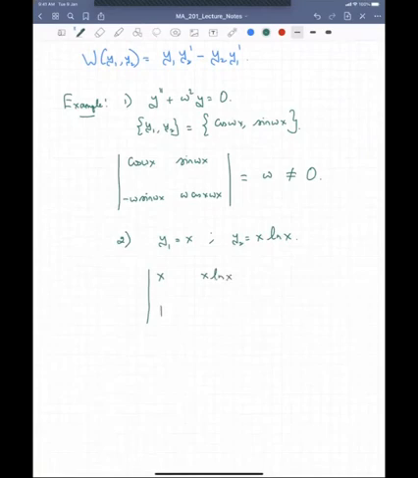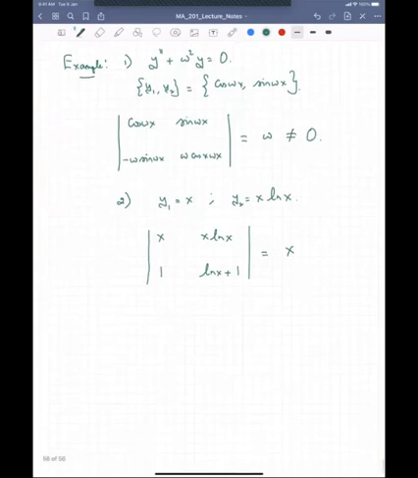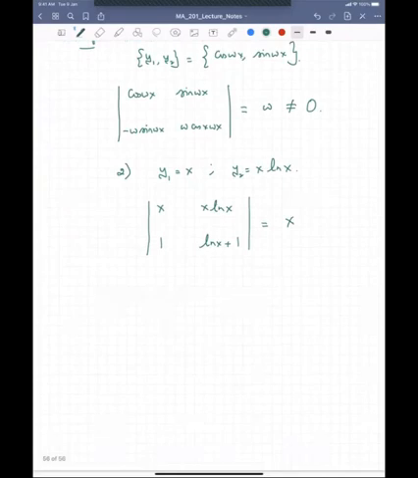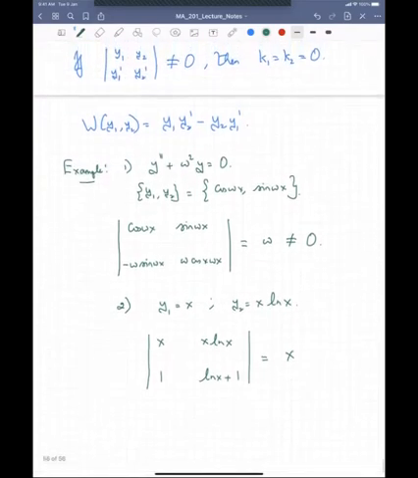The derivative of x is 1, and the derivative of x log x is log x plus 1. So this determinant is x log x plus x minus x log x, which is just x. And in any open interval that doesn't include x equal to 0, where the second function isn't defined anyway, this is obviously not equal to 0. So we can safely conclude that x and x log x are linearly independent solutions because their Wronskian is non-zero. These are very easy examples that you can easily work through.